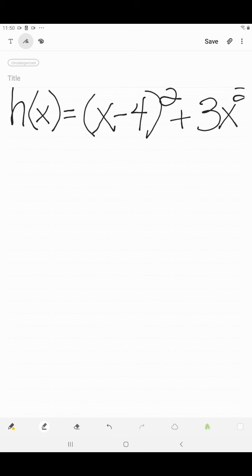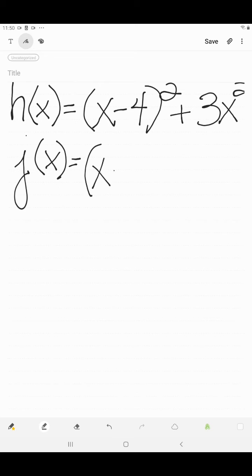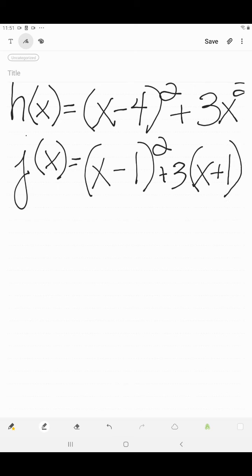And then we want to compare that with j of x, which equals (x minus 1) squared plus 3x plus 1. Okay. So let's determine, ladies and gentlemen, whether these two are equivalent.